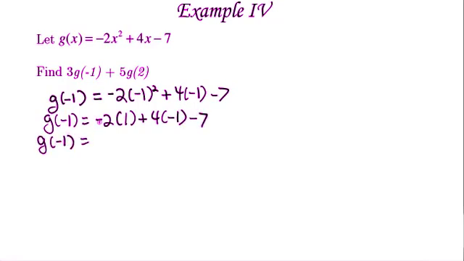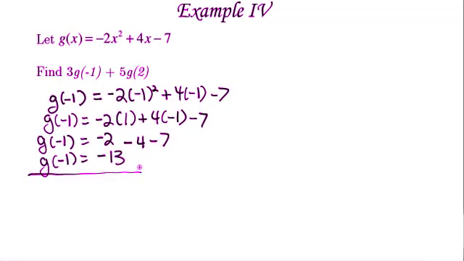In the next step, I multiply, so negative 2 times 1, that's negative 2, plus 4 times negative 1, that's going to give me minus 4 minus 7. Now I'm going to combine all of these. Minus 2 minus 4 minus 7 is negative 13. Okay, first step, I found g of negative 1, and that is negative 13.